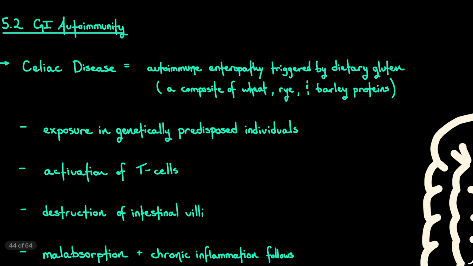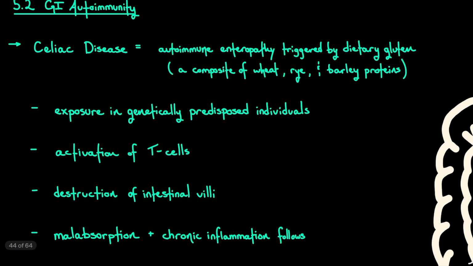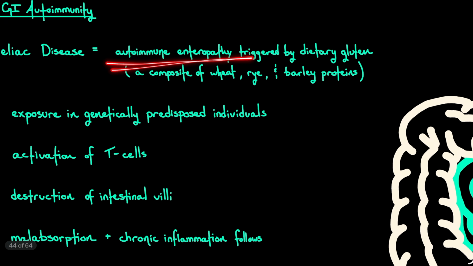If the diabetes was more so with the pancreas, this is more so dealing with the small intestine. This is an autoimmune enteropathy triggered by dietary gluten. Entero just means gut. Pathy means pathology. So an issue with the gut caused by autoimmunity.